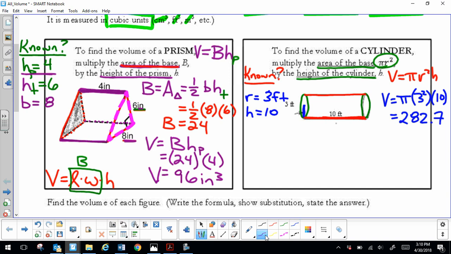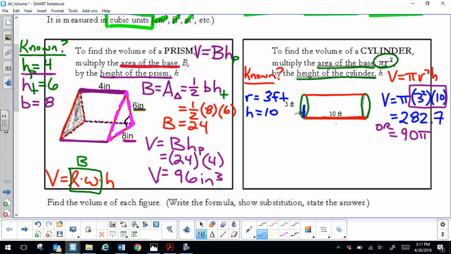Now you can either divide this number, 282.7 by pi, or before you even go there, you can just multiply these two values together and bring that pi down. When you do that, you end up with 9 times 10, right, because 3 squared is 9, and this turns into 90 pi. So both of those answer choices would be correct.